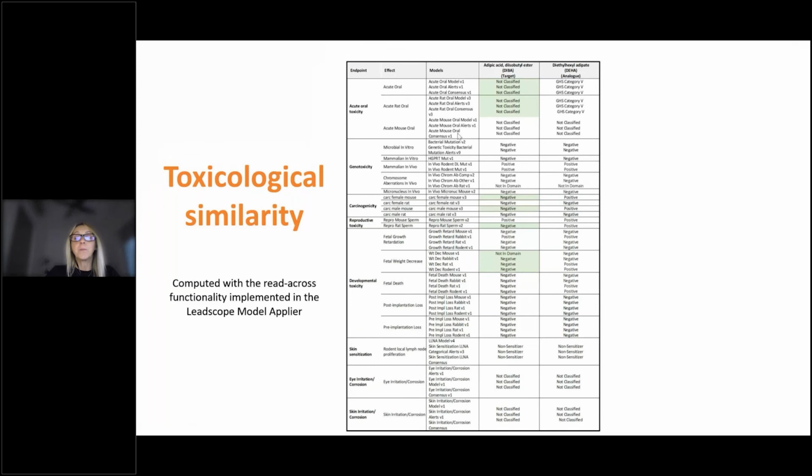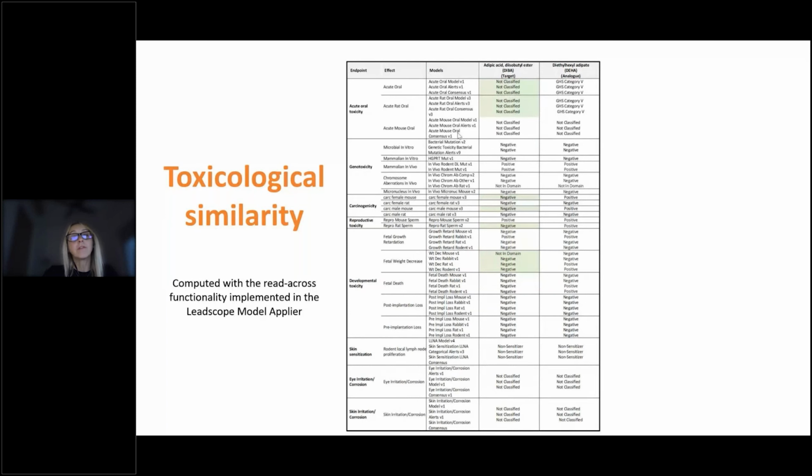Indeed, a broad assessment of toxicological similarity, taking into account a broad range of endpoints, is suggested and recommended. Since we are dealing in this case with predictions, an expert review, of course, is always recommended and suggested for the analysis of this toxicological similarity.